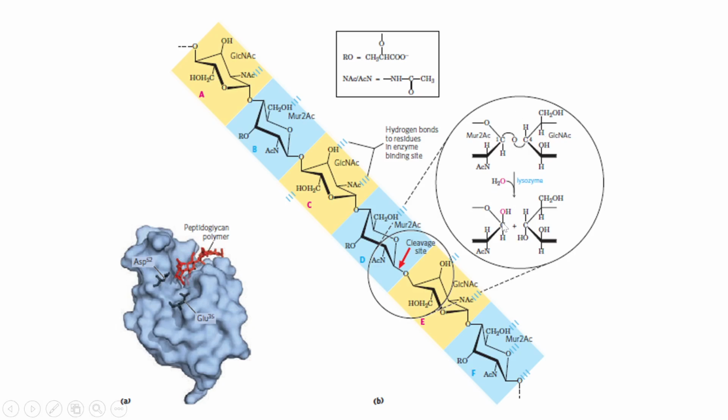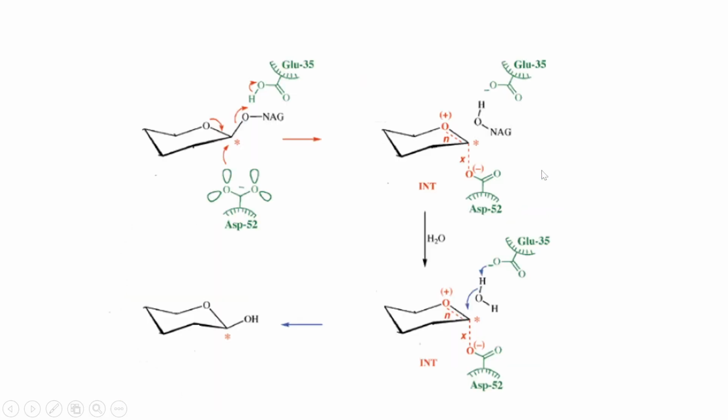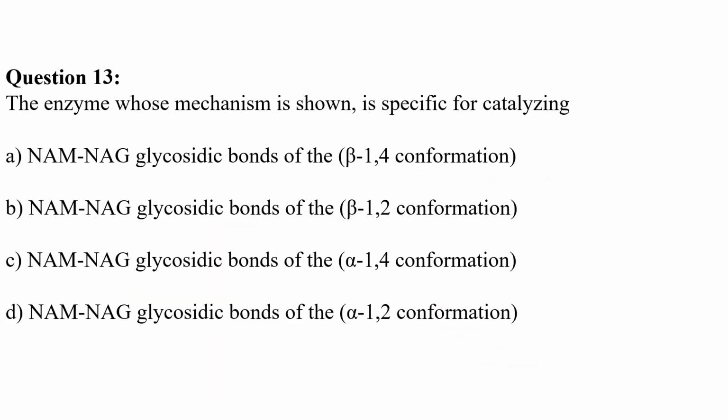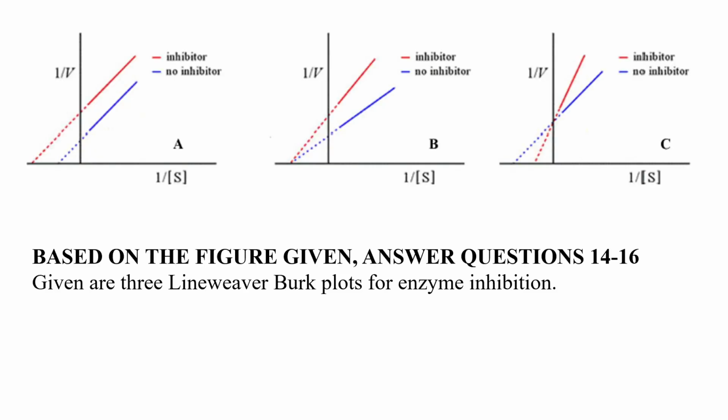If this OH is also going inside the plane, so both the OHs are in the same direction, it will make an alpha 1,4 linkage. So this was the question: the enzyme whose mechanism is shown is specific for catalyzing the NAM-NAG glycosidic bond of beta 1,4 conformation. And questions 14 to 16 were based on this diagram.